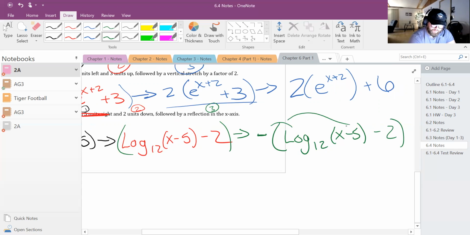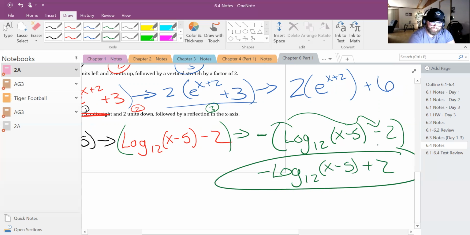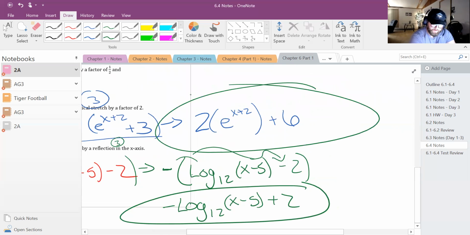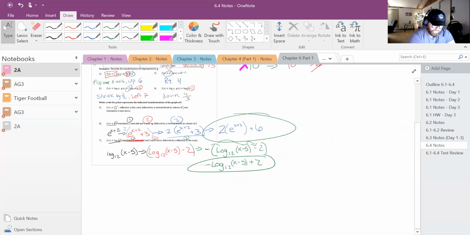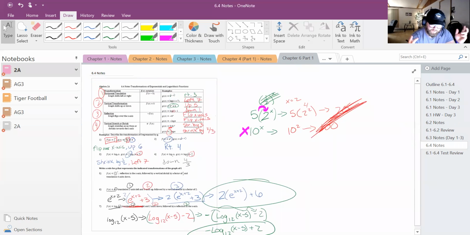Now, if you want to distribute that through, you're going to put 1 in front of the log and make that 2 positive. So it'll look like so. Done. This is also the answer up here. Tough about that? No, it's transformation, guys. It's very easy. They're free points on the test.